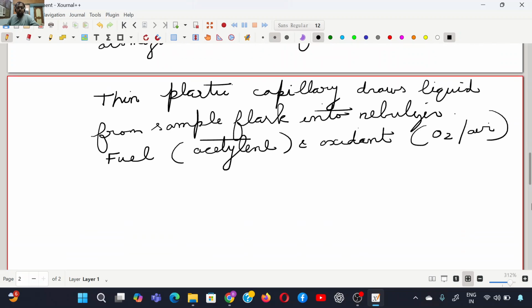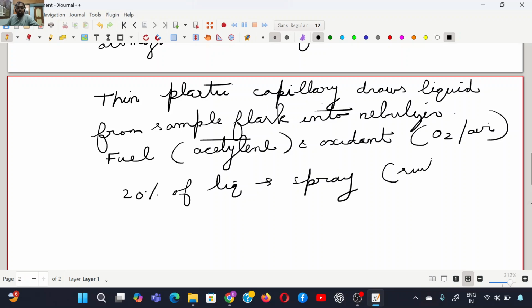Okay, and the liquid is dispersed into fine droplets. So around 20% of the liquid becomes spray, which is suitable for atomization.